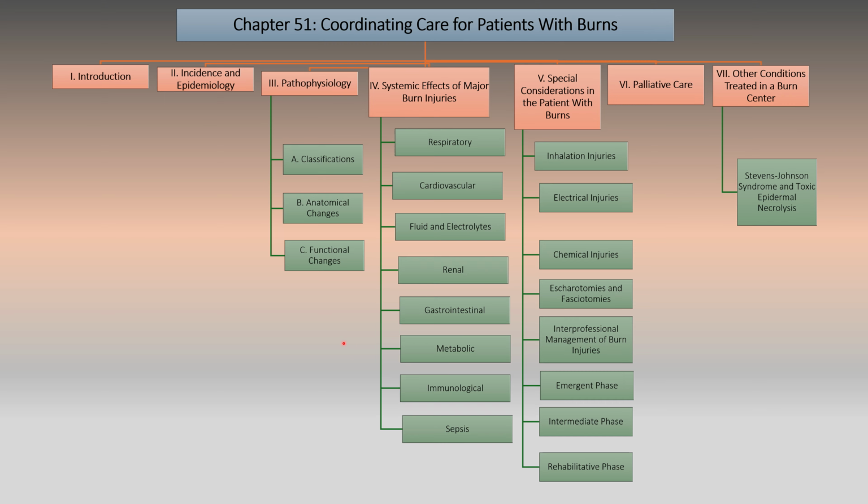Urine output is the most reliable. Target 0.5 ml per kilogram per hour in adults. Critical action: the nurse should immediately notify the healthcare provider if hourly urine is below 30 ml in a patient with a large burn injury.